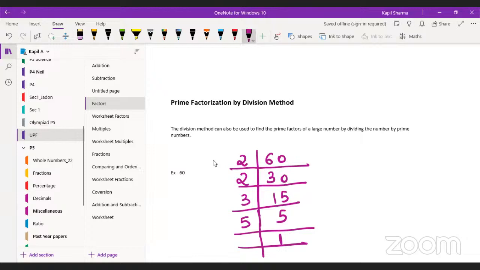Okay, so we can say that 60 is basically 2 times 2 times 3 times 5, or we can also write this as 2 square times 3 times 5.